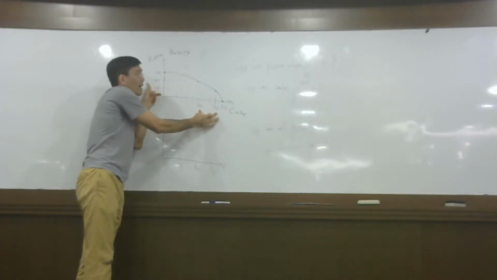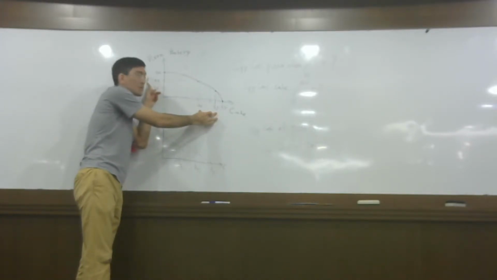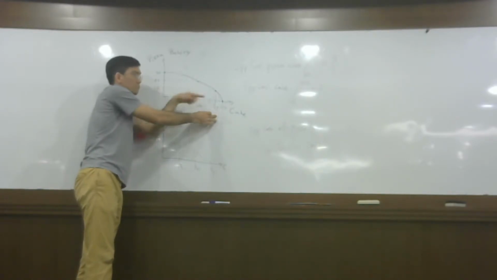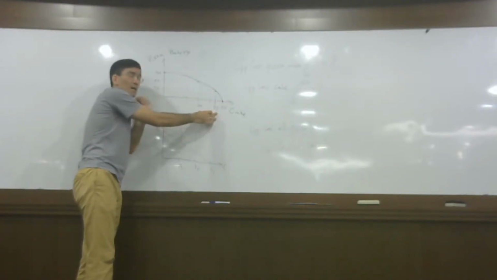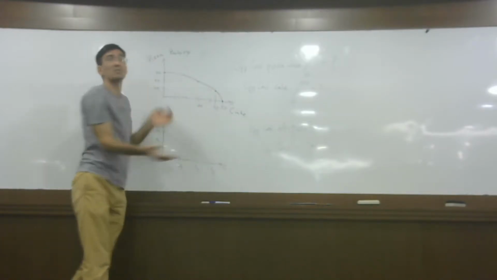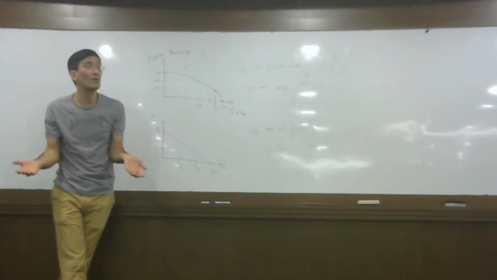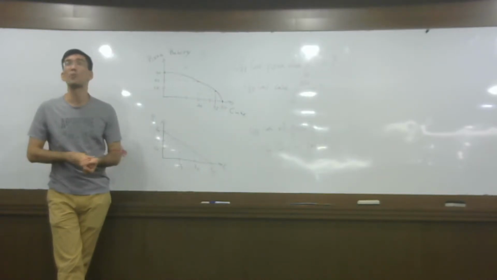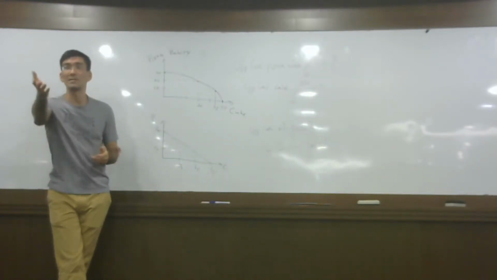So I have 15 fewer cakes because I moved down from 45 to 30 on the cakes axis. So I lose 15 cakes for 10 pizzas. It's like I buy 10 pizzas for the price of $15. How much is each pizza? $1.50, right? So the opportunity cost of pizza is 1.5 cakes. Or 3/2, you're absolutely right.